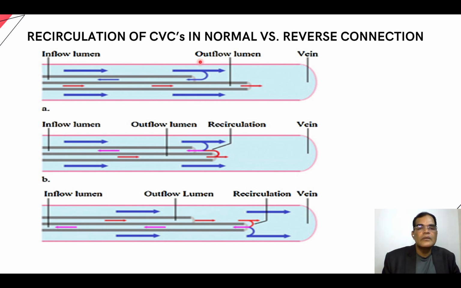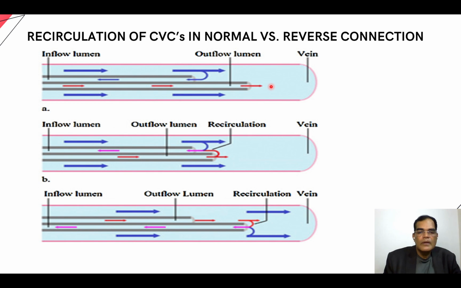This catheter is placed on the venous side because we cannot place a catheter on the arterial side because of the complications involved, and venous puncture is very safe compared to arterial puncture. So this is the arterial pore where blood flows into the dialyzer, and after that it goes back to the patient through this. This is the normal scenario.